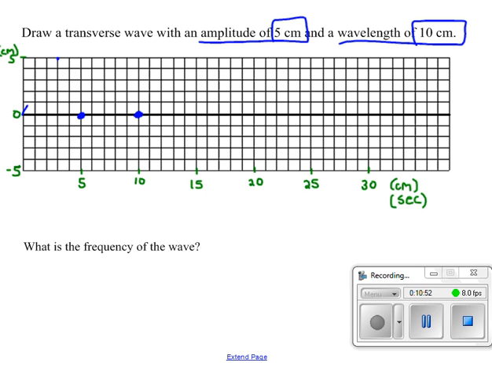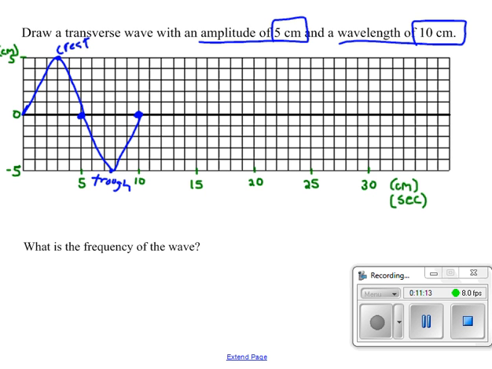And I'm going to put a dot halfway between them, and then connect the dots. And I'm going to do the same thing on the negative end because the wave has both a crest and a trough. All right, so that's one wave.